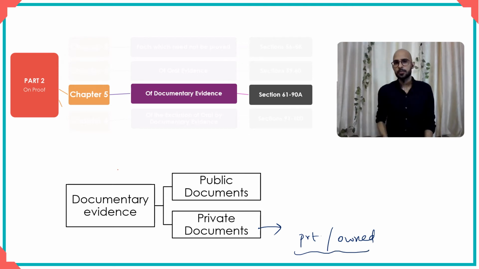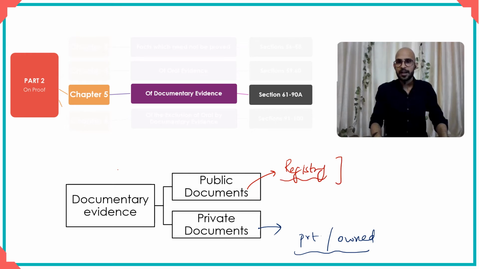What is a public document? Now, a public document obviously is something which is not private. Let me give you an example. Let us say if there is the certain registry, okay, of land records. So there's a record which is there with the government. That is a public document, right?